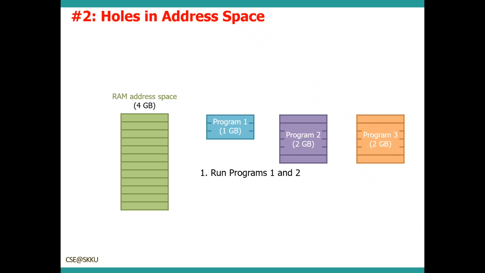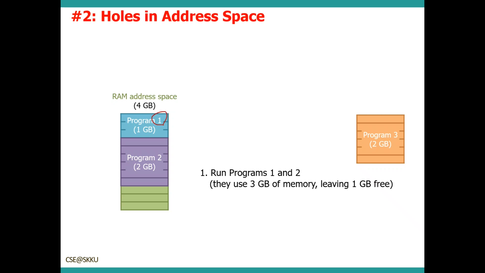If we run program 1 and 2, program 1 will use this memory space and program 2 will use this memory space. In total 3 GB of memory is used and we have 1 GB free space.